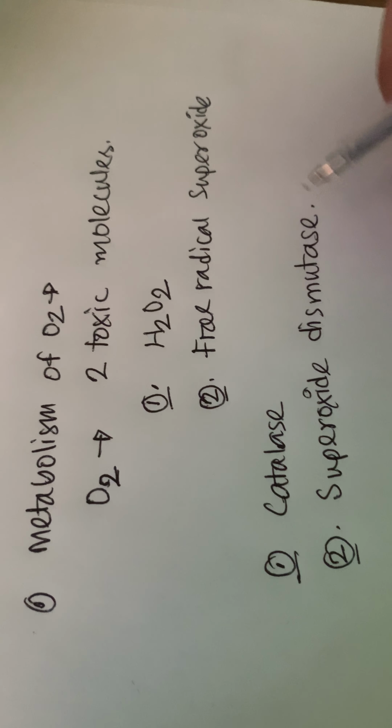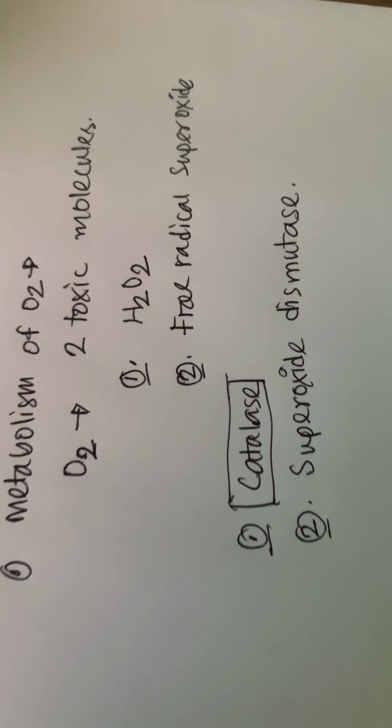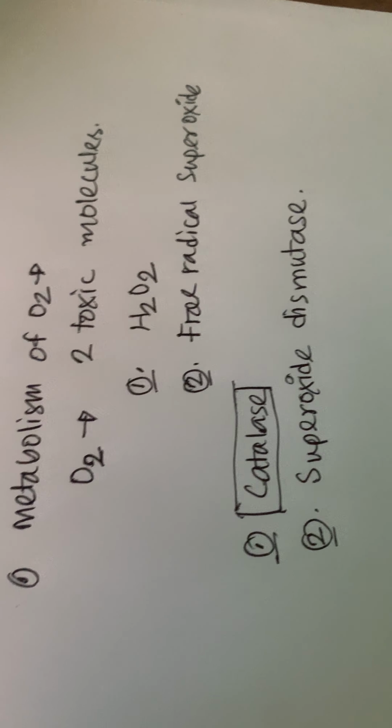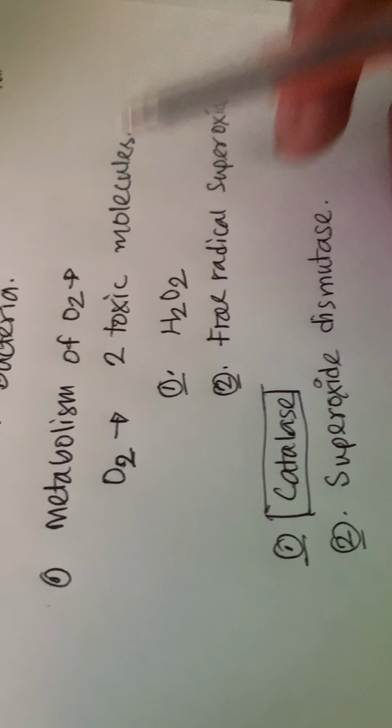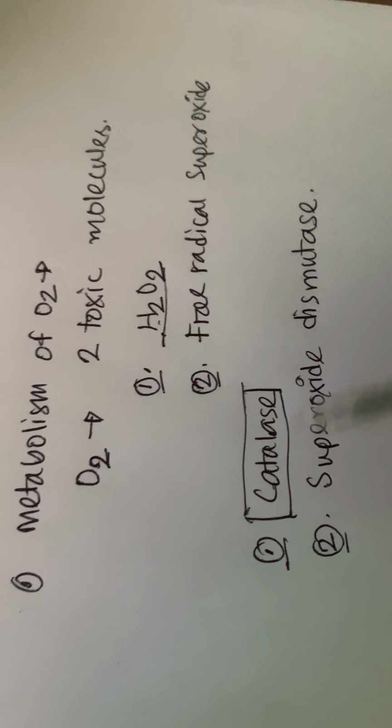So these are the enzymes that are needed for bacteria to neutralize the toxic products, which are hydrogen peroxide and free radical superoxide produced at the time of metabolism of oxygen.